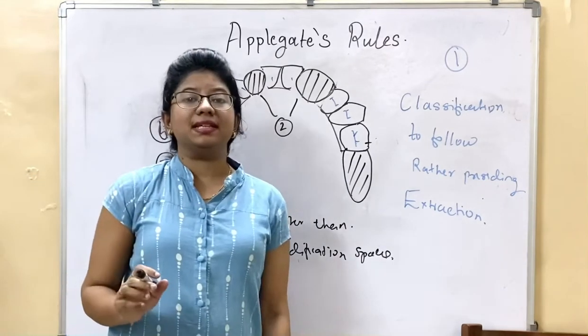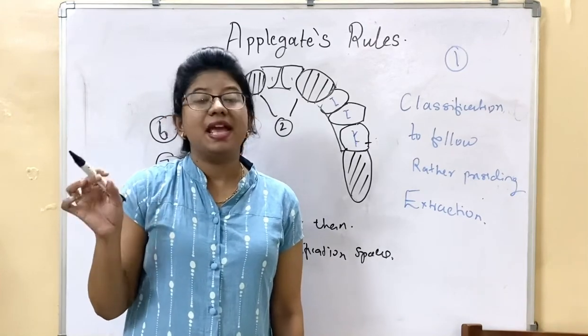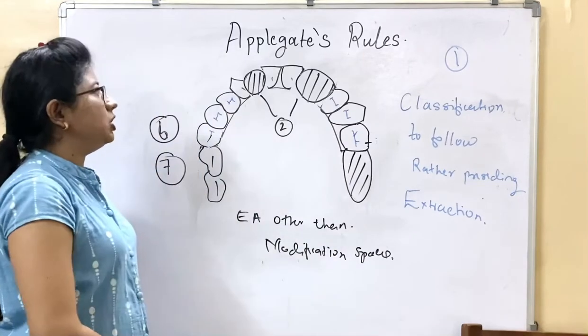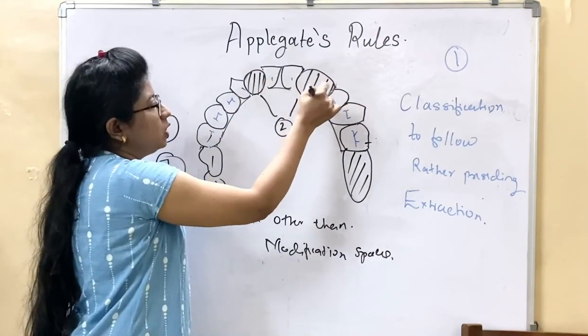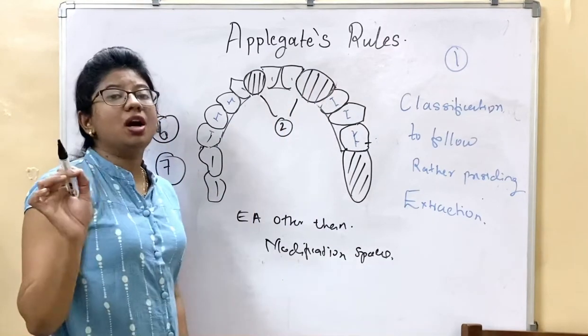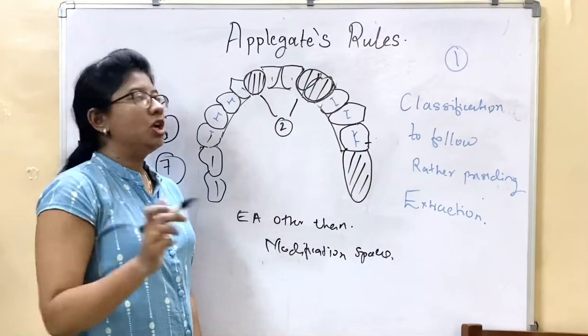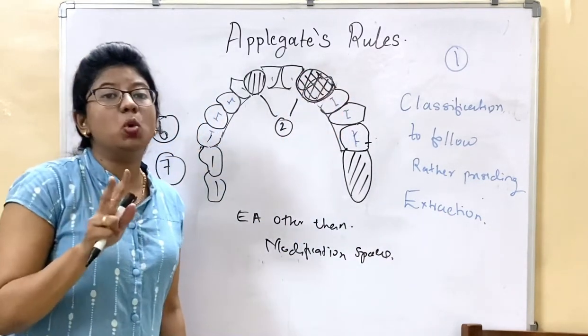Now we'll see the next rule, that is rule number 7. It says the extent of the modification must be considered and not the number of missing teeth. I'll explain this. Here there is one tooth missing, and here there are 2 teeth missing. You should not consider the two missing teeth as modification 2. You should consider it as a whole area rather than two teeth.